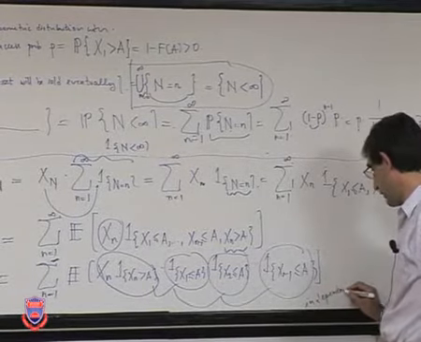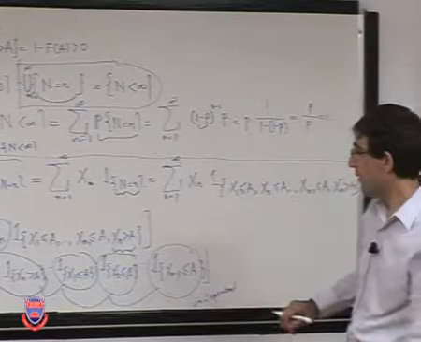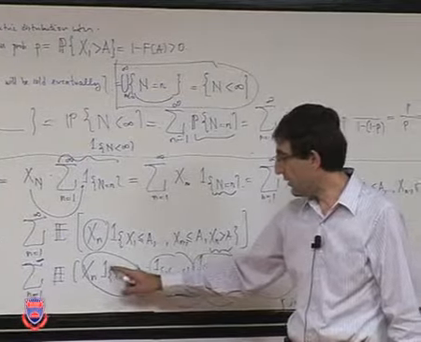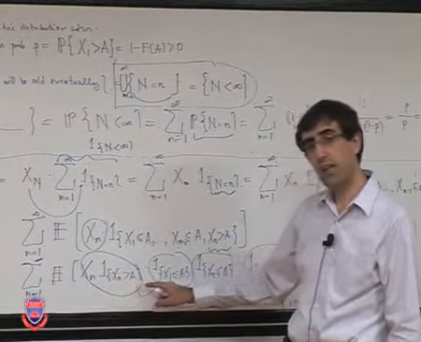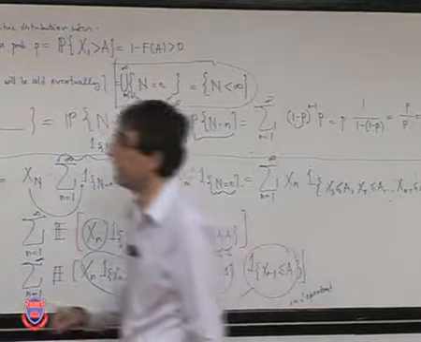Because functions of independent random variables are independent. xn and the indicator of the event xn greater than a are not independent because they depend on the same random variable xn.